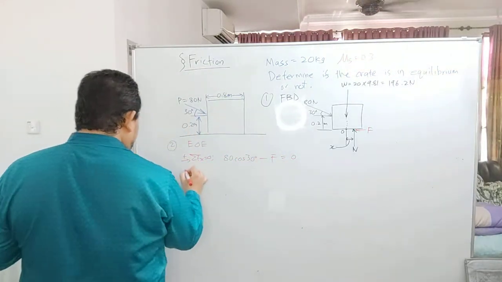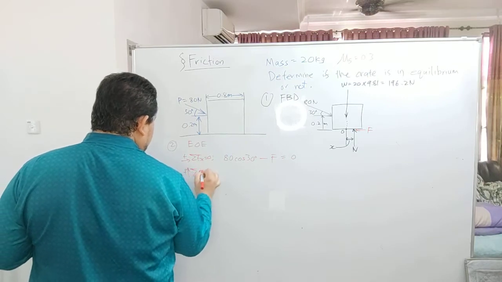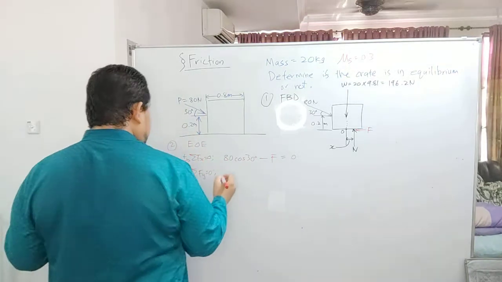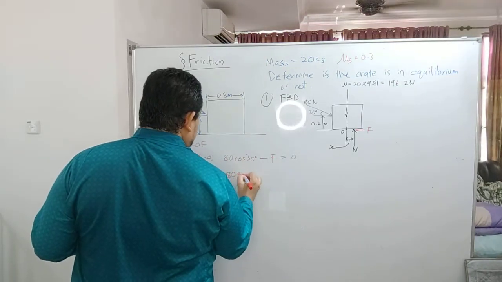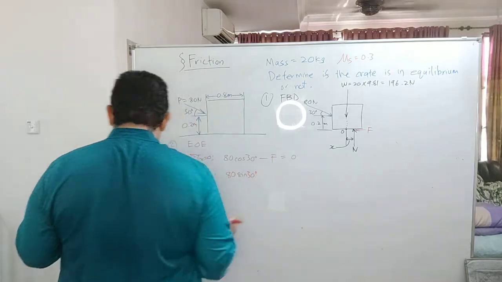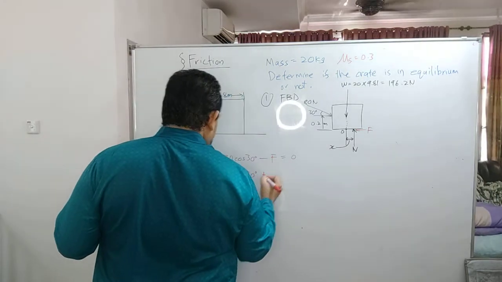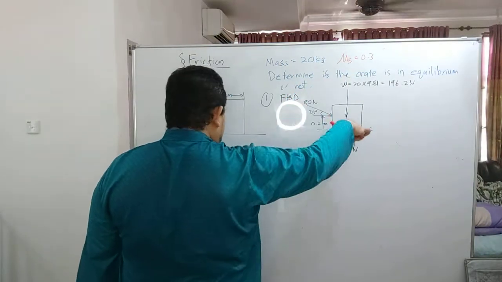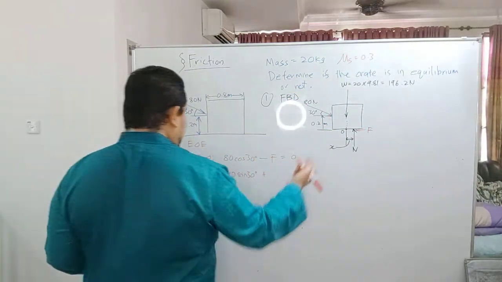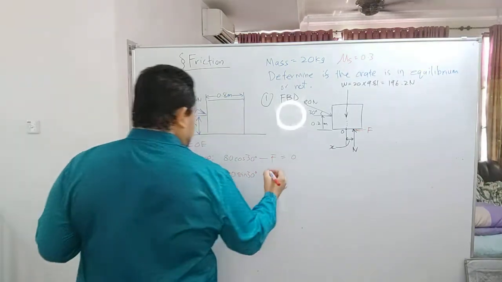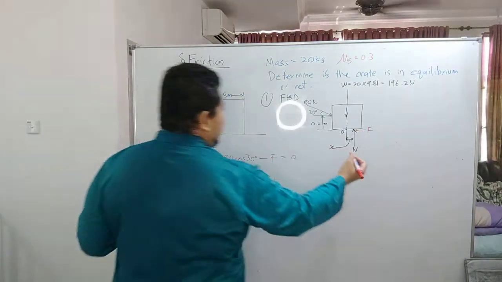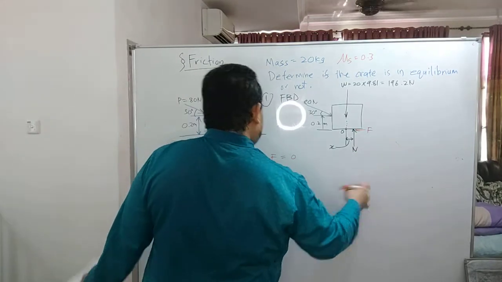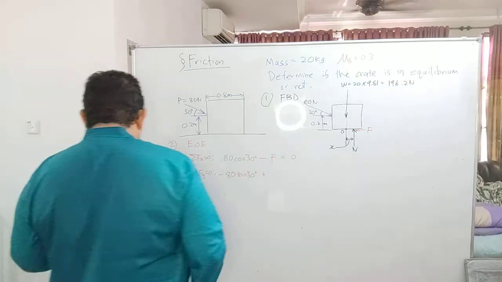Continue, and then another one along the y-axis. So 80 sine 30 degrees. Then minus, because this one is the weight, which is in the negative direction, and then plus NC. That doesn't matter: if you have a crate, put NC; if human, you put H; if boy, B, and so on.